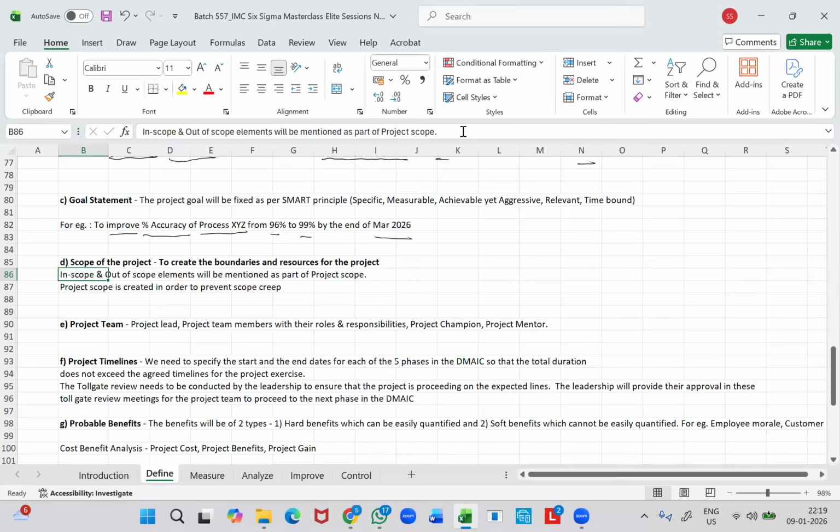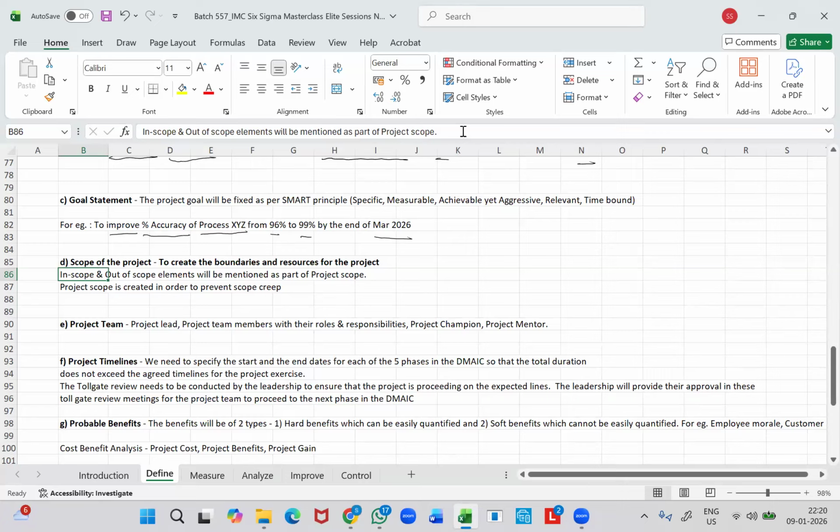Similarly, if you would want to consider the performance of the associates who are more than 6 months old in the system for the project exercise, you need to specify accordingly under project scope. So in scope will be, apart from sub-processes A and B, you will also include the performance of the associates or the employees who are more than 6 months old in the process.